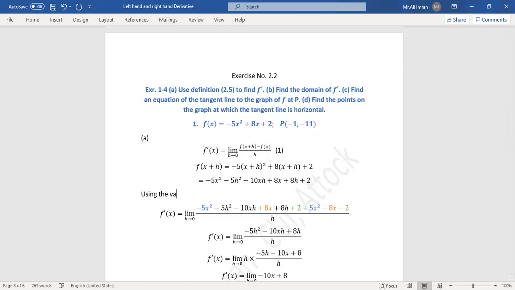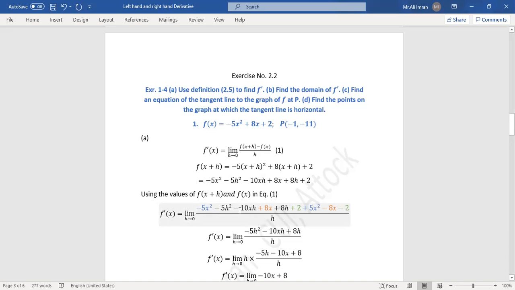Using the values of f of x plus h and f of x in equation 1, we have f prime of x is equal to limit h equals to 0 minus 5x square minus 5h square minus 10xh plus 8x plus 8h plus 2 plus 5x square minus 8x minus 2 divided by h.